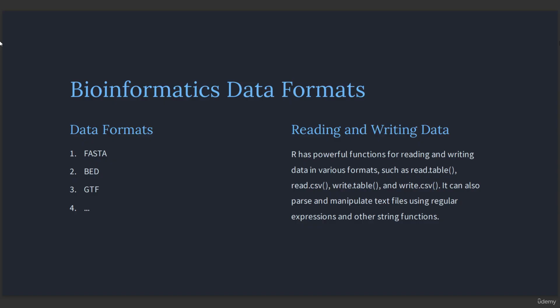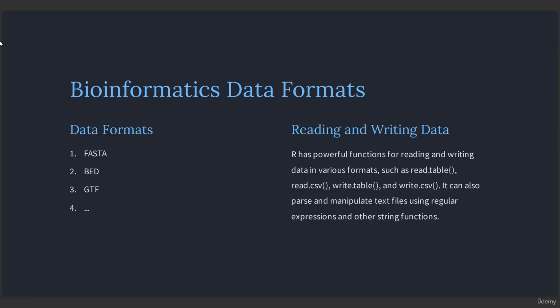Also, you are going to work with some data formats. There are some bioinformatics data formats that you can work with, like FASTA, BED, GTF, GFF, and R has powerful functions for reading and writing data in various formats as well, like read.table and read.csv.